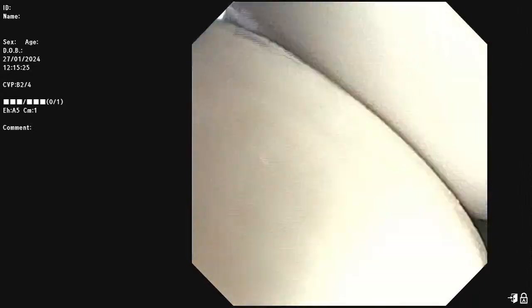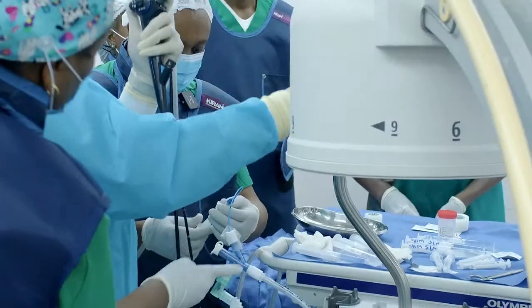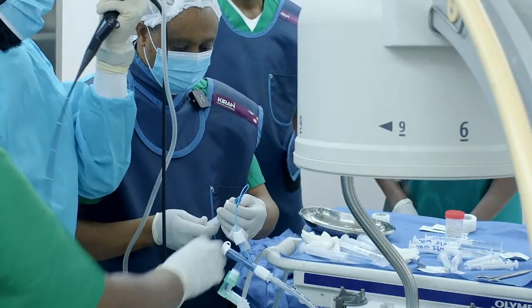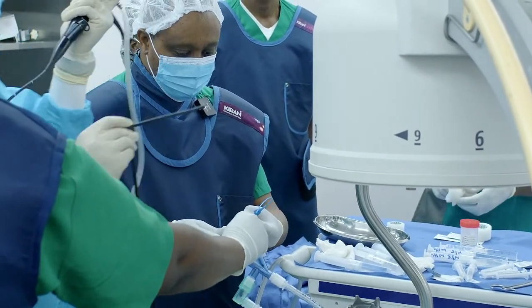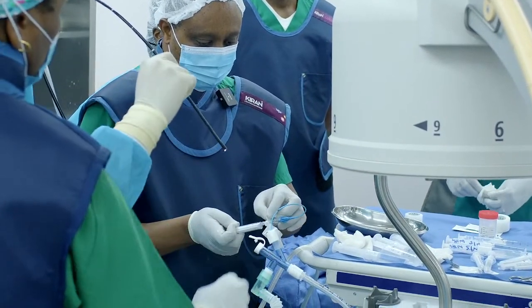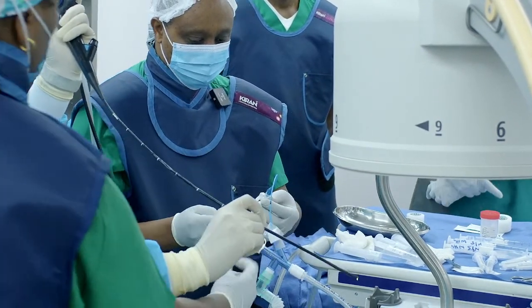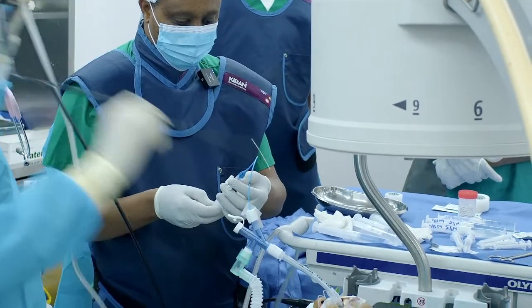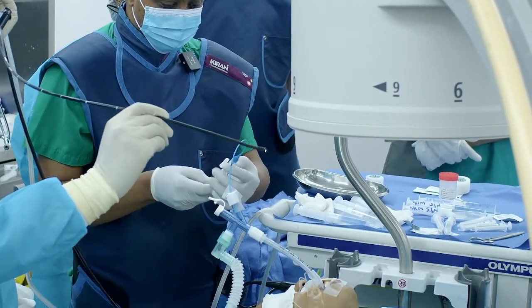The technique for taking the sample is a sharp jerk. I'm going to demonstrate on air, but assuming it's in, you have to really just yank it in one sharp motion.